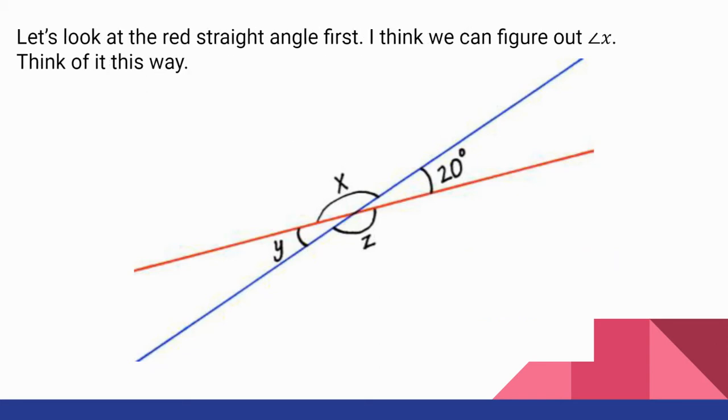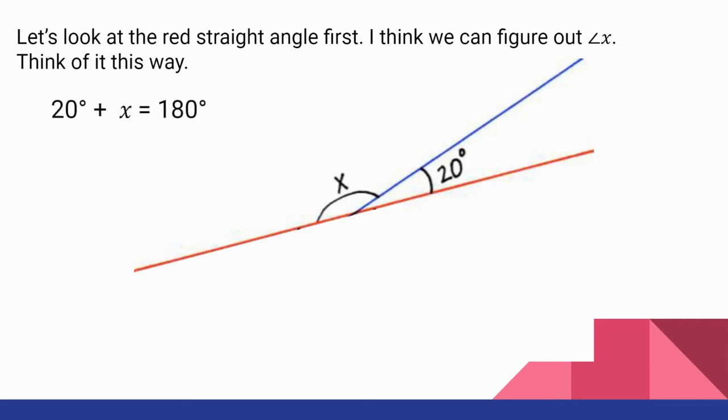Let's look at it this way. Let's look at the red straight angle first. We're going to concentrate on that red straight angle, and by doing that, I think we can figure out angle X. If we were in school, I would have you take a piece of paper and cover that up so that now we can just see that red straight angle, and we can figure out what X is because we know that a straight angle is 180 degrees.